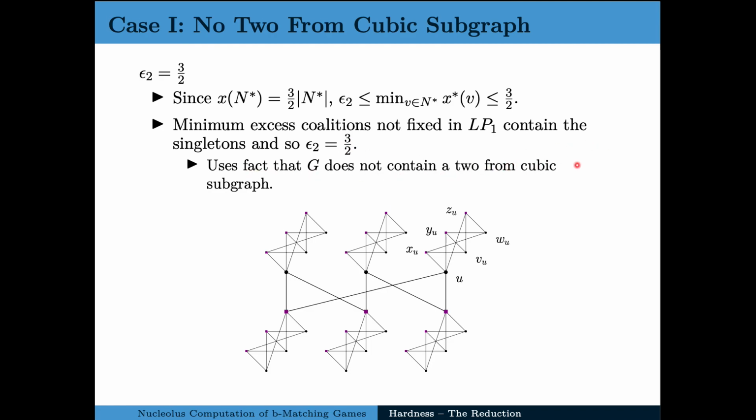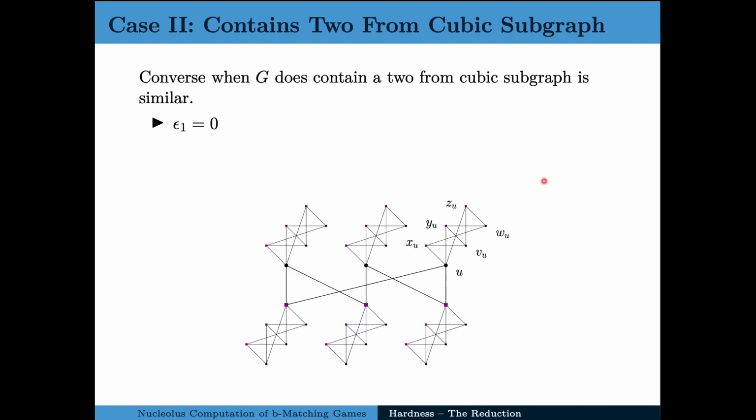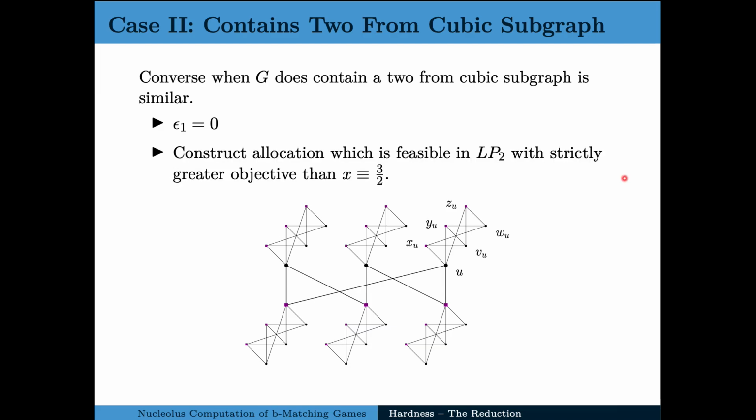This uses the fact that G does not contain a 2-factor cubic subgraph, so that's where this assumption plays its part. In the case when we do have a 2-factor cubic subgraph, the proof is very similar. Epsilon 1 is going to be equal to 0 again, but we're now able to construct an explicit allocation that's feasible in LP2, but has strictly greater objective than the uniform allocation.